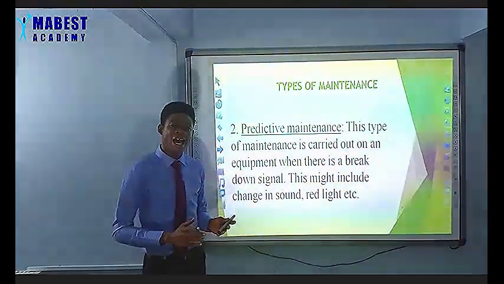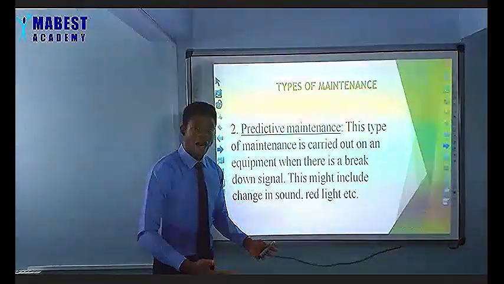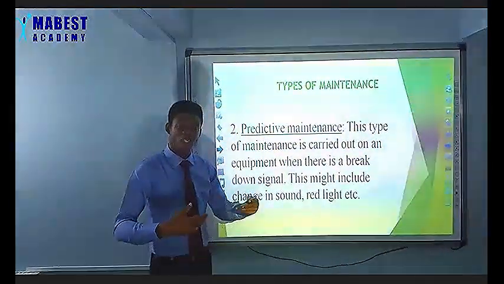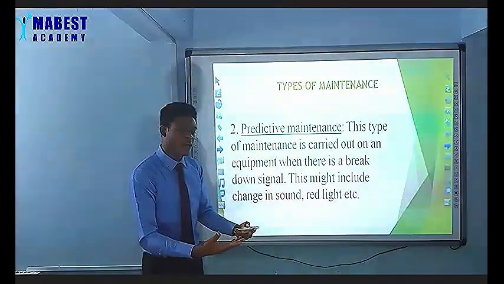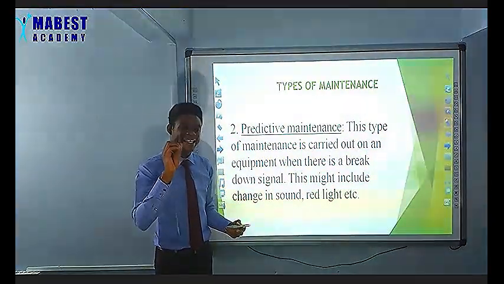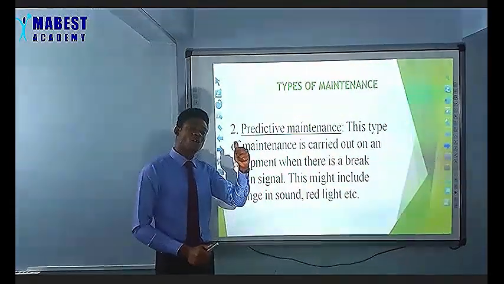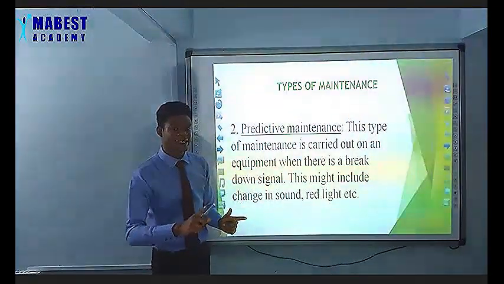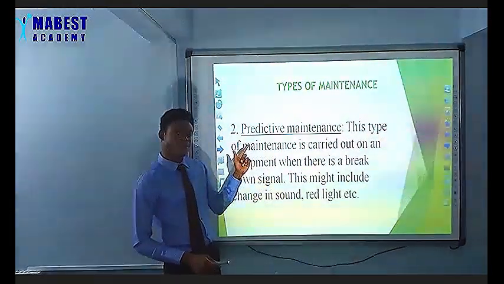You notice that after you fuel your car, and you keep using the car without refueling, it will get to a stage whereby the fuel tank gives you a red indicator telling you that the fuel in your fuel tank is about to be exhausted. So that is an example of a what?